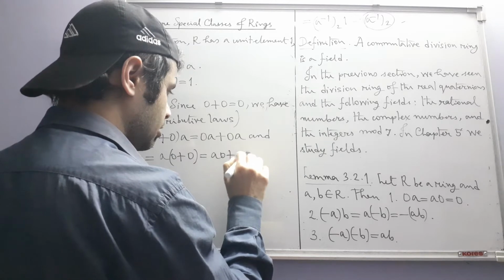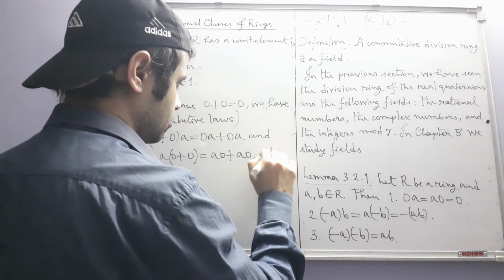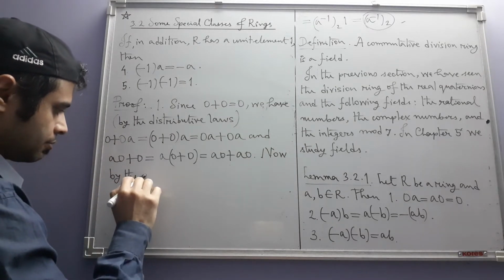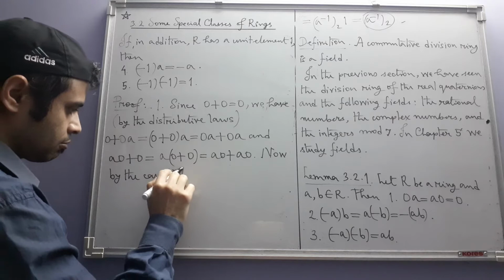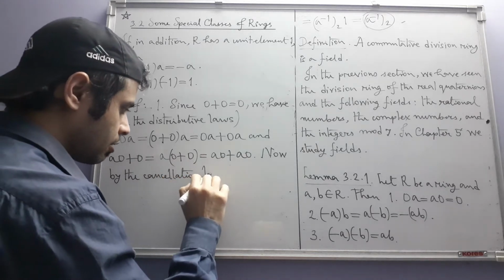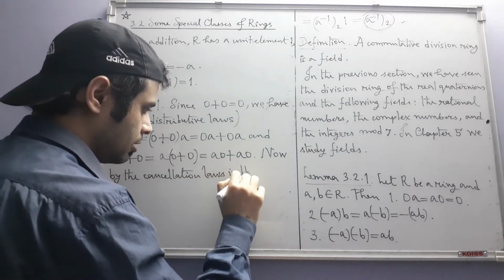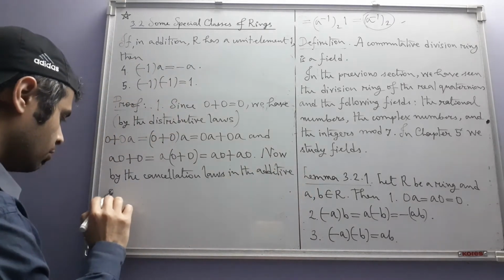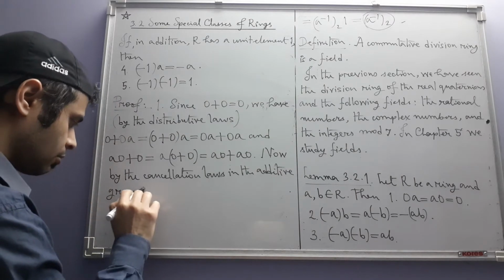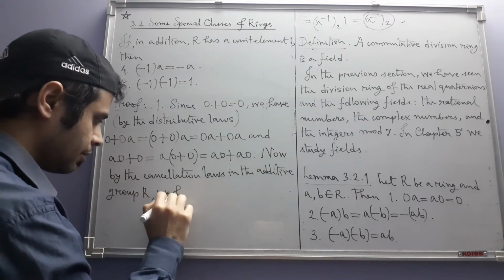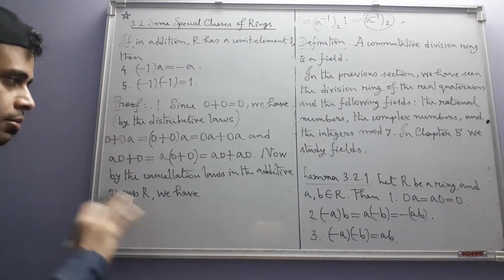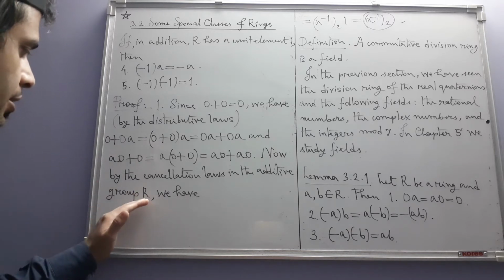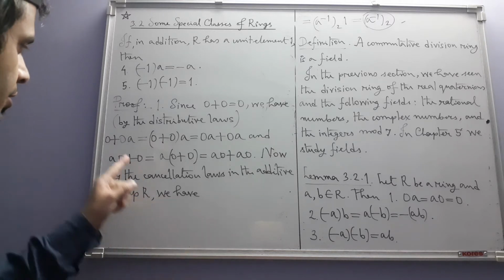a0 plus a0. Now, by the cancellation laws in the additive group R, we have, recall the left cancellation law and right cancellation law, that we already have in the group R under addition.